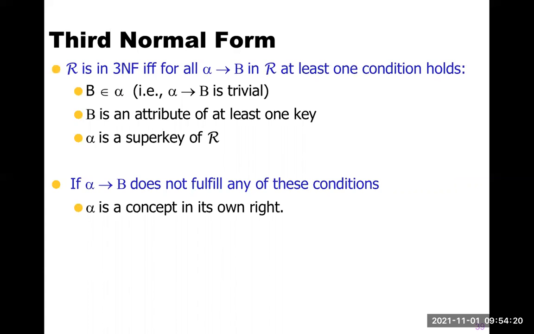But the basic definition is like this: a table is in the third normal form if and only if for every functional dependency, this functional dependency is either trivial, so the right side belongs to the left side, column B belongs to alpha, then that's trivial, that every column depends on itself, and on combinations of itself with other columns. That's just the definition of functional dependency that brings nothing new.